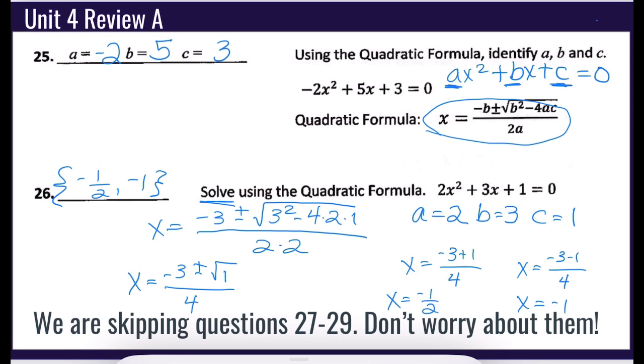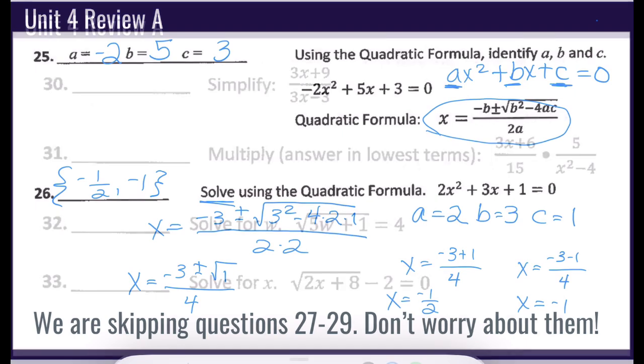Because if you're not used to doing quadratic formula, it can take you 5, 7, even 10 minutes to do one problem, and you don't have that kind of time on the test. So make your best guess, flag it to come back to it, then after you've finished everything and you've checked everything, come back to that if you still have time at the end.